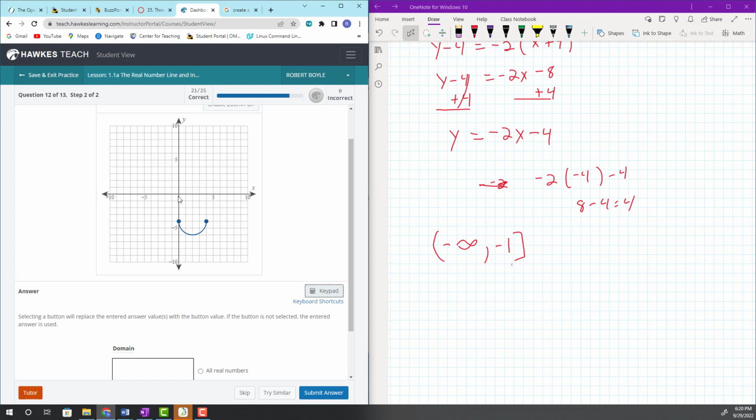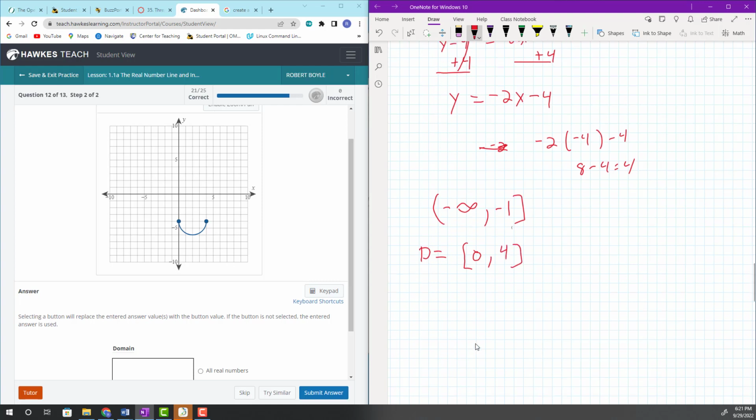And the graph starts here when x is equal to 0. So our domain is going to start when x is equal to 0. As we continue, we can see it will end when x is equal to 4. Okay, in that case, we are going to have 4 and bracket. That is our domain.